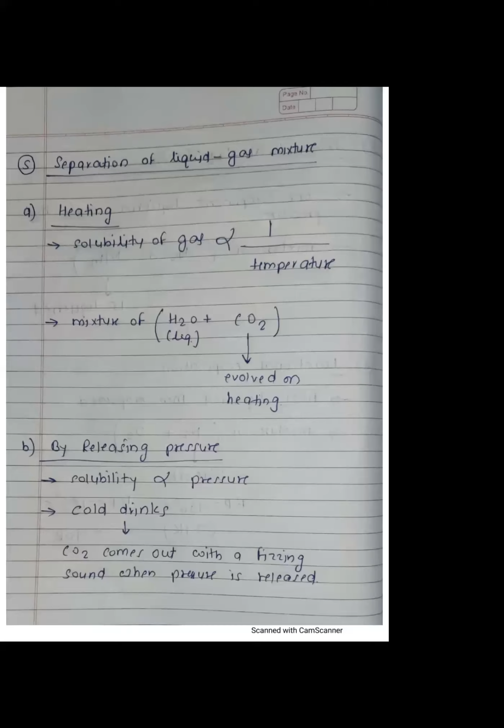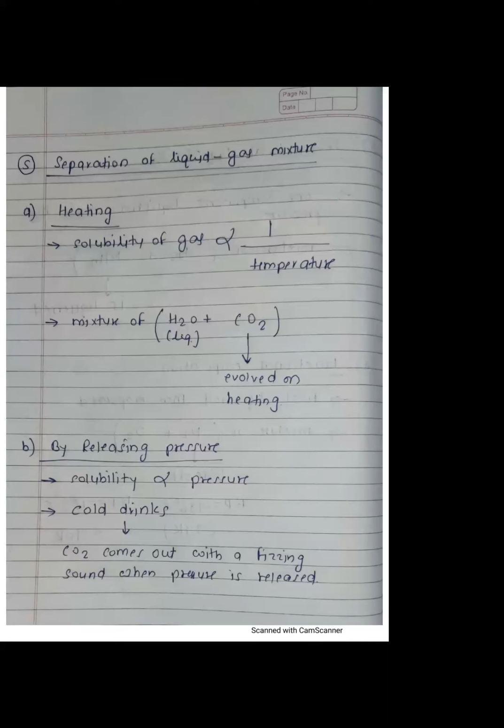Okay, so upon heating the mixture, one component will decrease. देखो कभी भी अगर इनवर्सली प्रोपोर्शनल का साइन हो और 1 अपॉन लिखा हो, it means inversely proportional. It means if you increase the temperature, solubility will decrease. Yes, solubility will decrease.